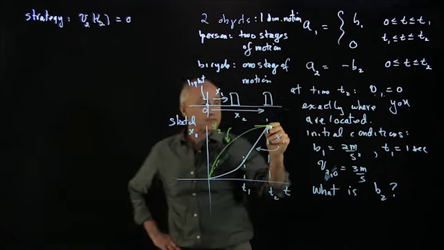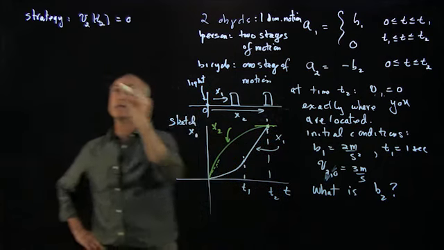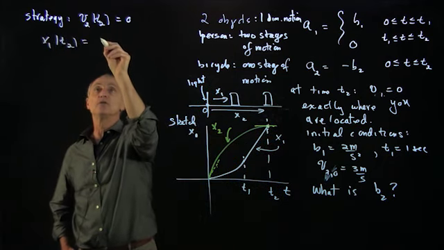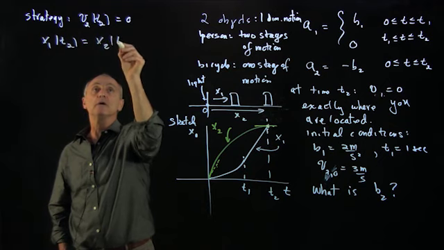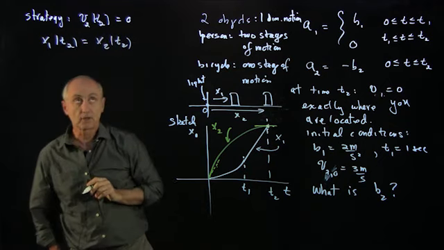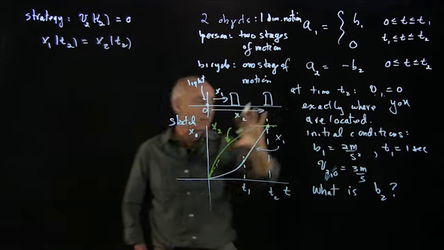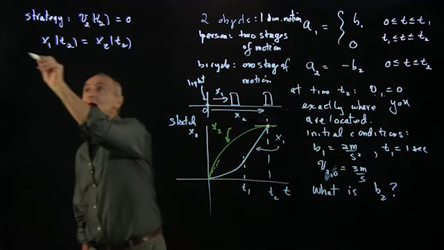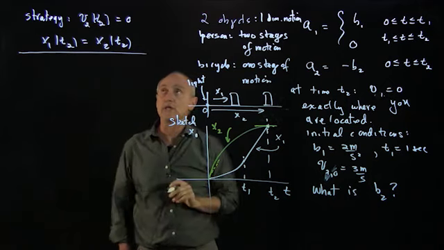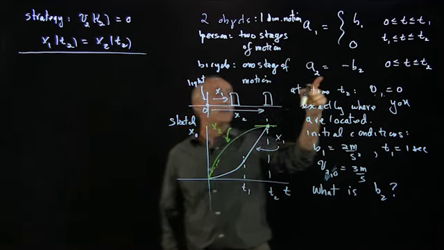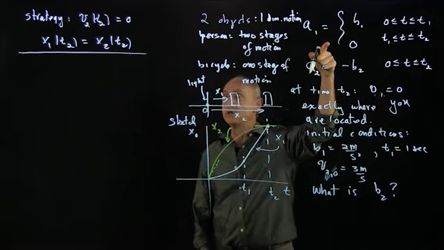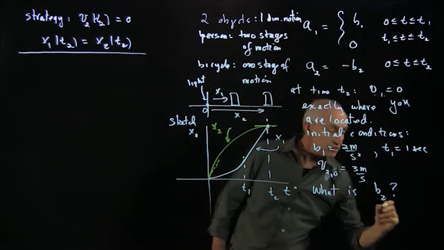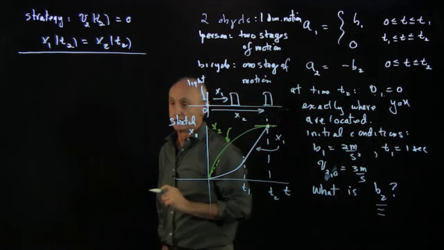And we also know that the bicyclist comes to a stop exactly at the same position as the person. x1 of t2 equals x2 of t2. So those are two conditions that we can deduce from all of this given information. And now we can apply our kinematic relationships for both the bicyclist and the person and try to see if these conditions will enable us to deduce what b2 is.